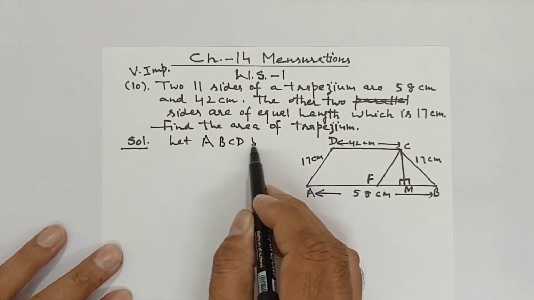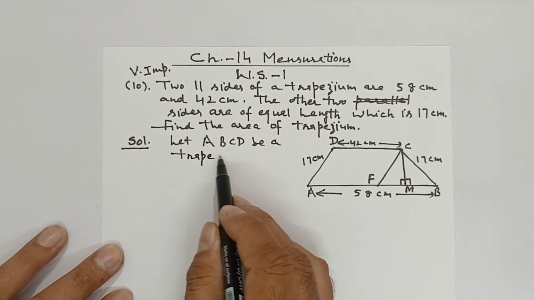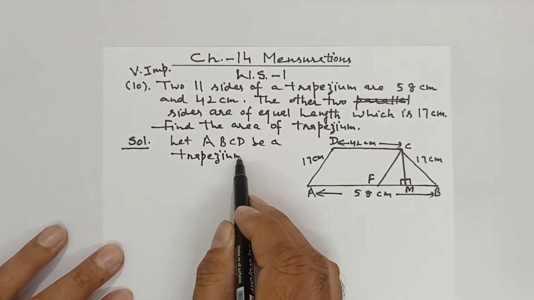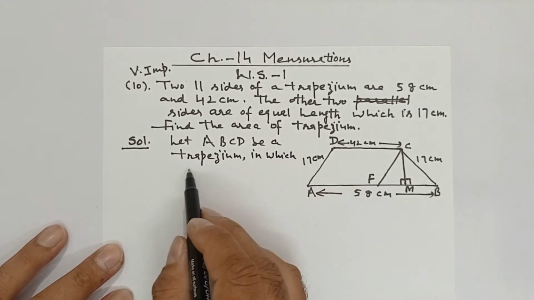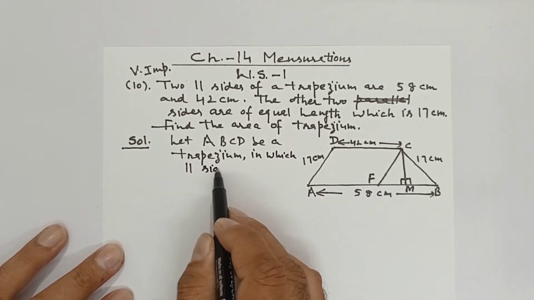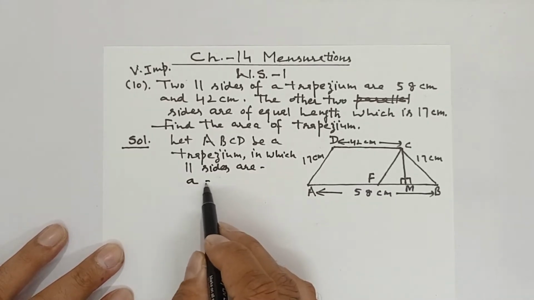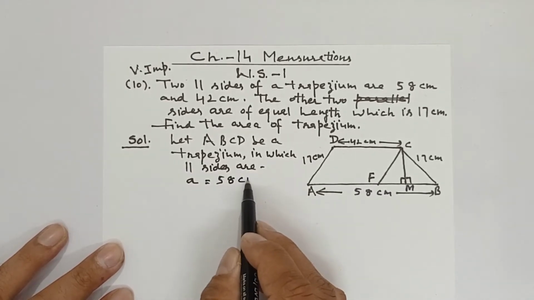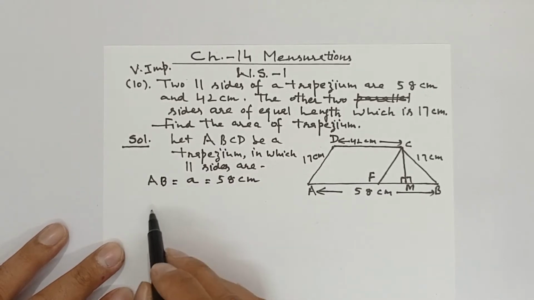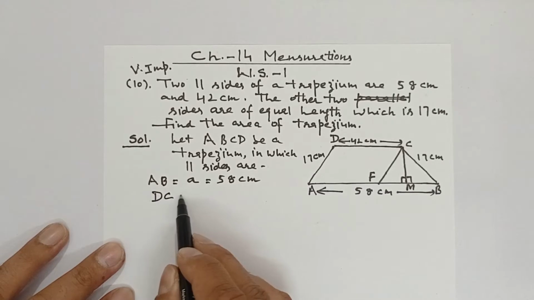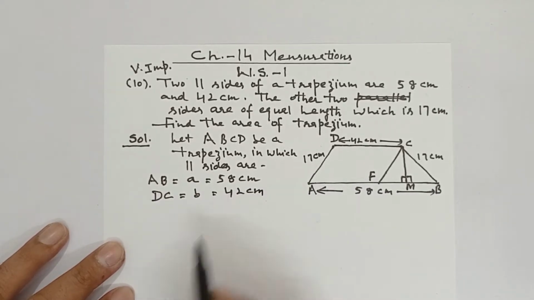Now, I am writing here: let ABCD be a trapezium, in which the parallel sides are small a, which I am taking as 58 centimeter, here AB, and DC, which is small b, that I have taken as 42 centimeter.